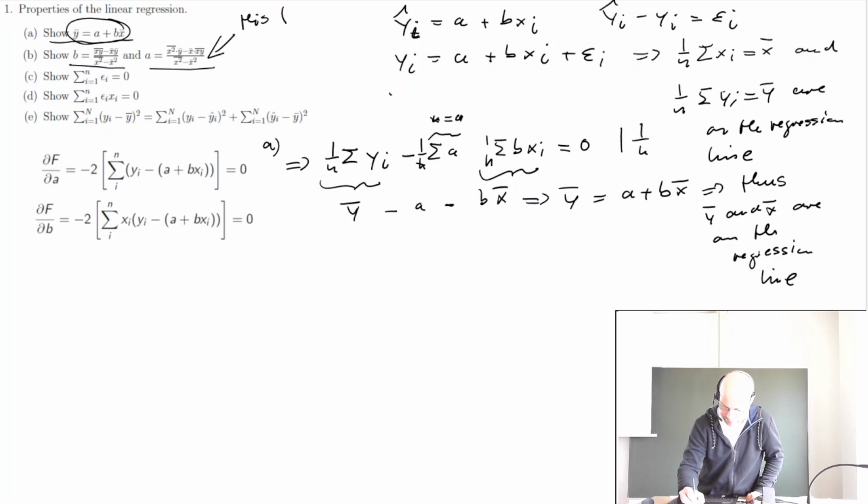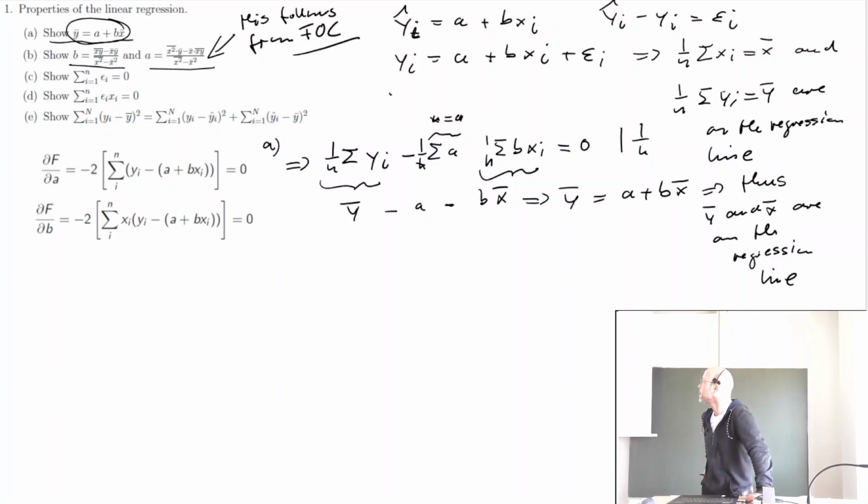This follows from the FOC, because in this lecture we have formally really done this calculation of the regression coefficients, and if you look it up, then oh, this has to be x bar times x squared.